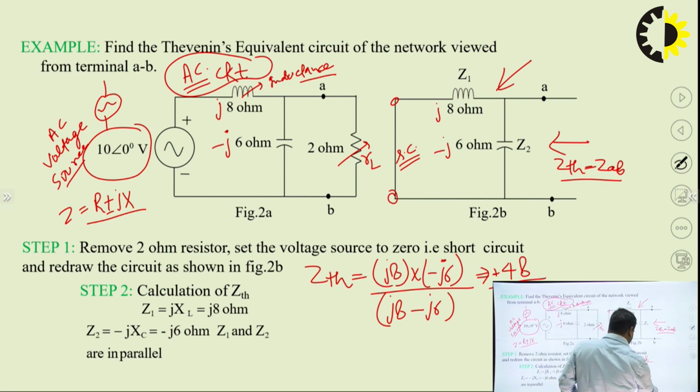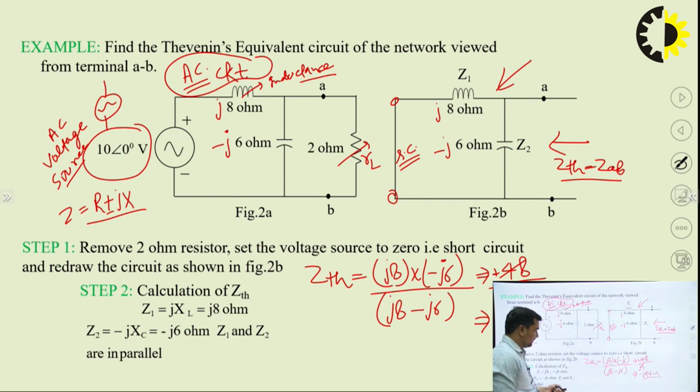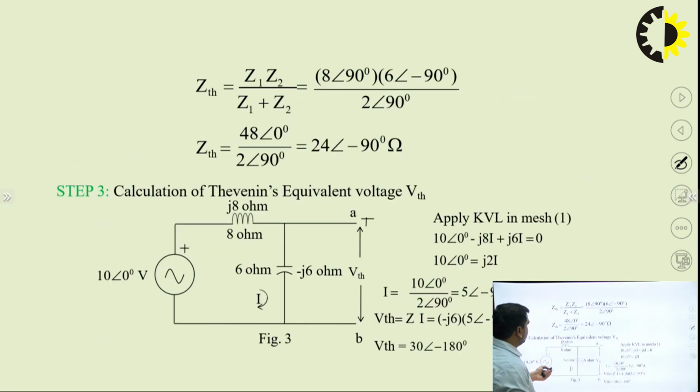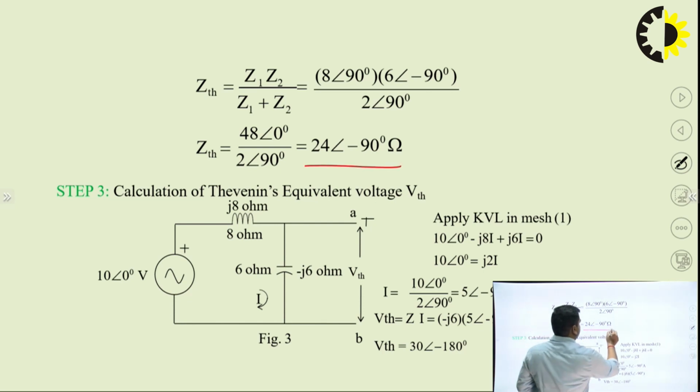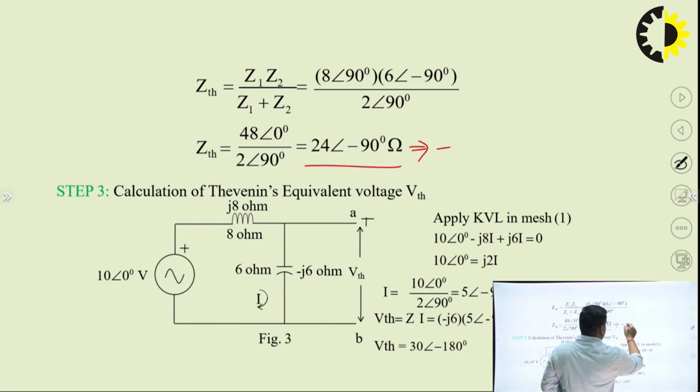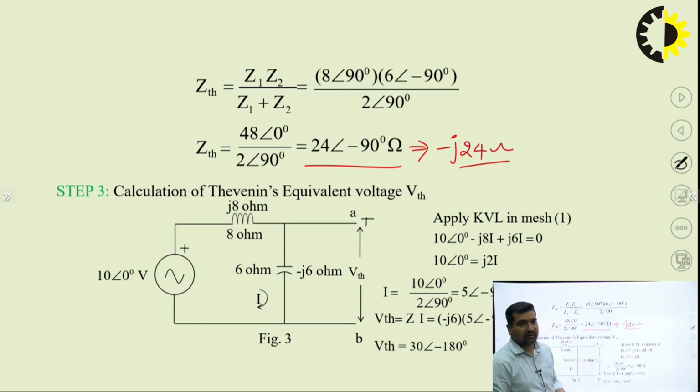So it becomes J2. 1 upon J becomes minus J, so minus J24. Is it correct? I hope so. Here it is 24 angle minus 90, or you can write minus J24 ohm. Minus J means angle minus 90, plus J means angle 90. We have calculated the value of ZTH.